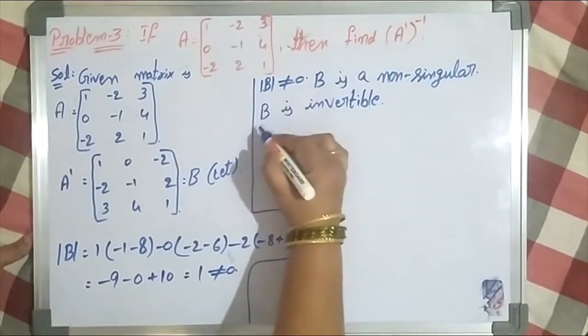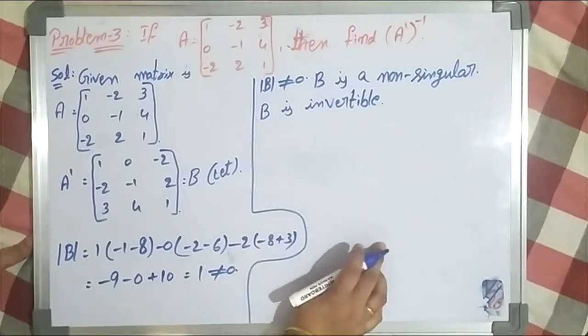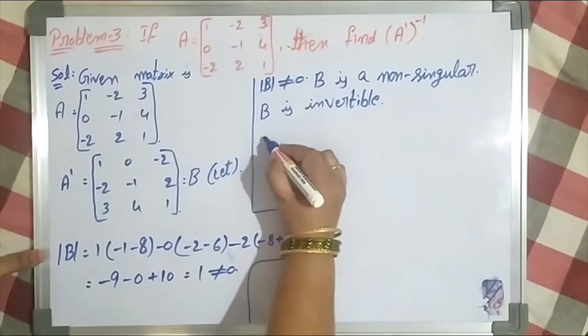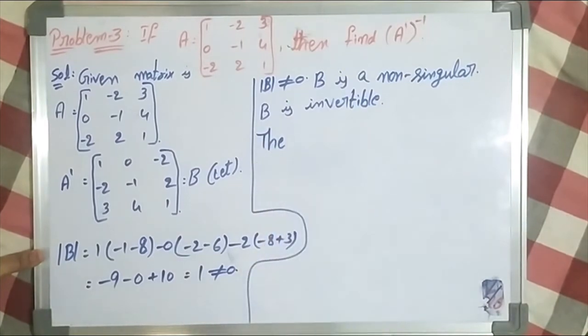Then first we have to find the adjoint of B. For that we first find the cofactor matrix of the given matrix.